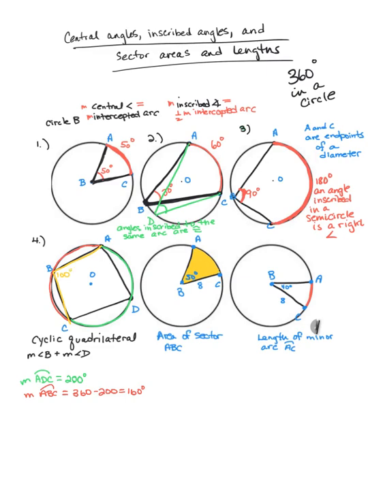Now, if we look at angle ADC, that is inscribed in, that's correct, arc ABC. So therefore, it would be half of 160 degrees. So it would be 80 degrees. All right, if you add these together, the sum is 180 degrees.